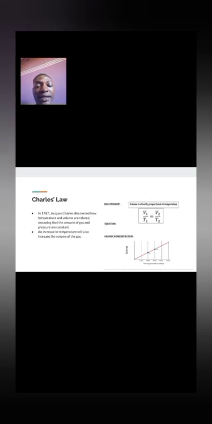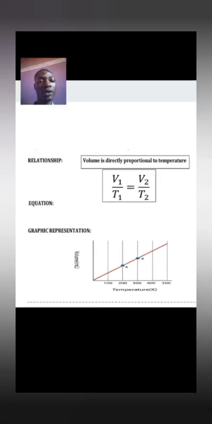An increase in temperature will lead to an increase in the volume of the gas. With the representation in the picture right here, volume is directly proportional to the temperature, which means V1 over T1 is equal to V2 over T2.